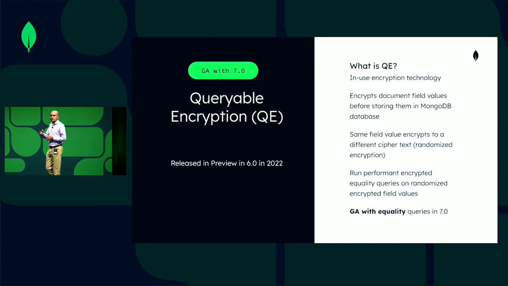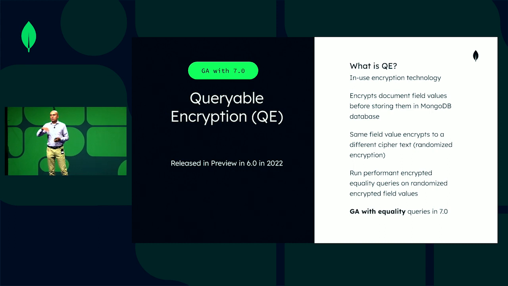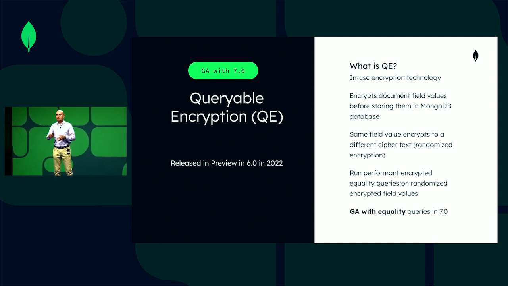If you are storing the same field value in different documents, those field values will be encrypted with a different ciphertext. So let's say I'm storing Salman, you'll think that it will be stored as some gibberish, XYZ. But with this technology, if you're storing Salman twice in different documents, it will be stored with different ciphertext.